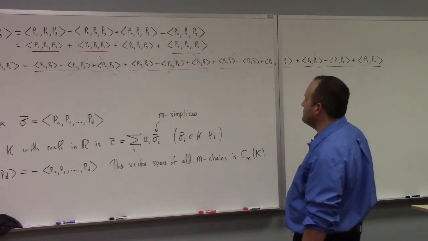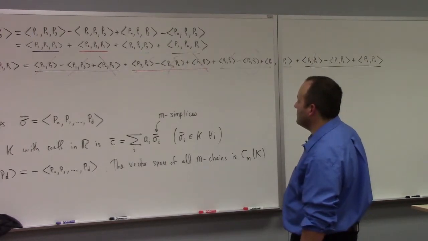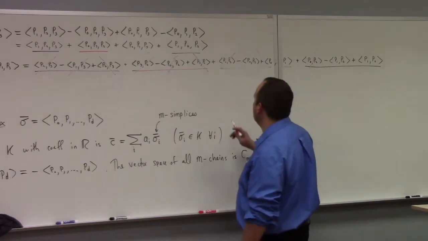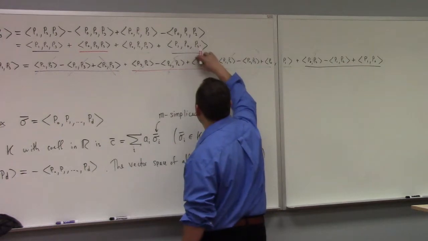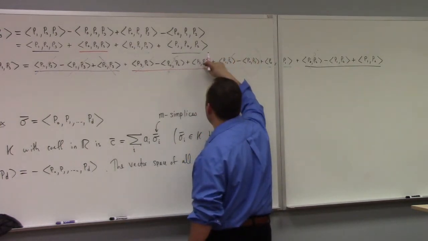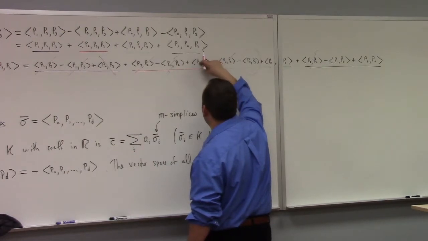You should have a 0, 3 from the red term, but it's not there. You wrote V2 twice. Right, that one is P0, P3.